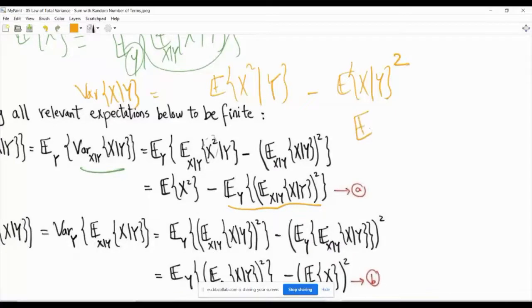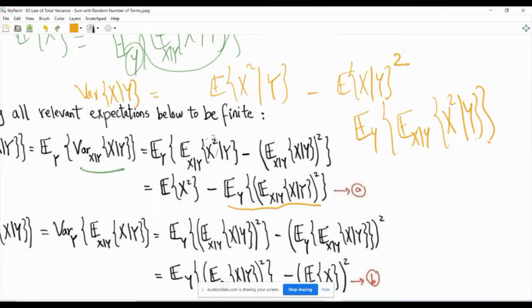What is this? The expectation over y of the expectation of x squared given y. I'm taking the expectation of x squared given y, and after that you get something that depends on y.